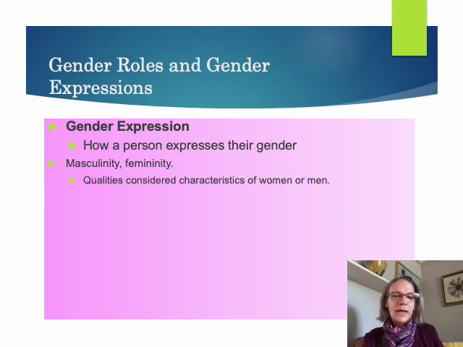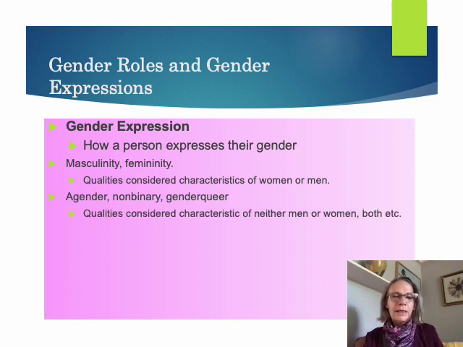And so it's the qualities considered characteristic of women and men. Again, social constructs, but those are constructions, right? Men dress a certain way, women dress a certain way. But that gender expression can also come from a gender identity of being gender non-binary, or not having a gender, or being gender queer, a mixing of different genders.